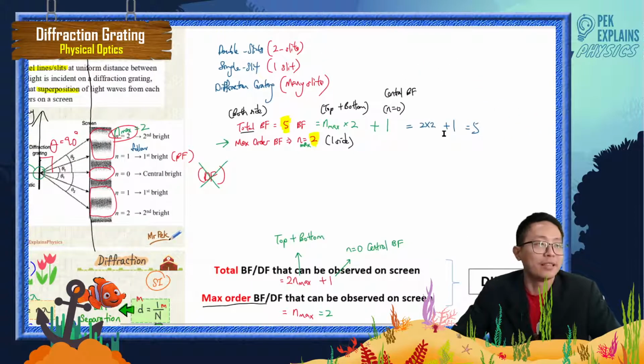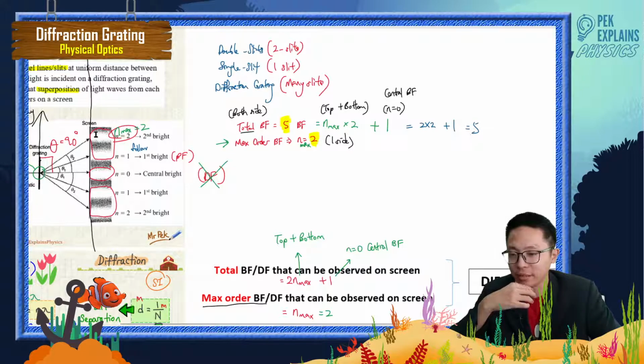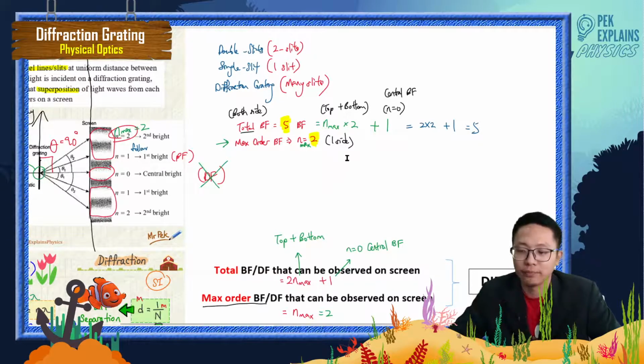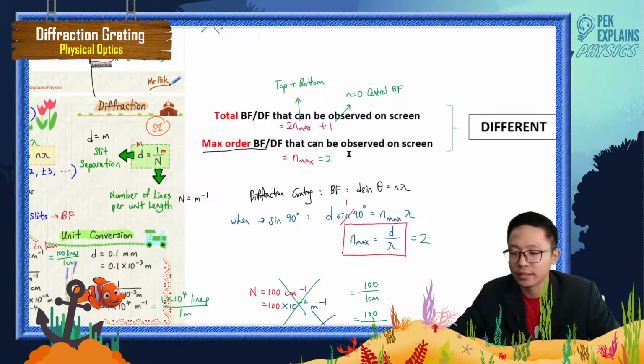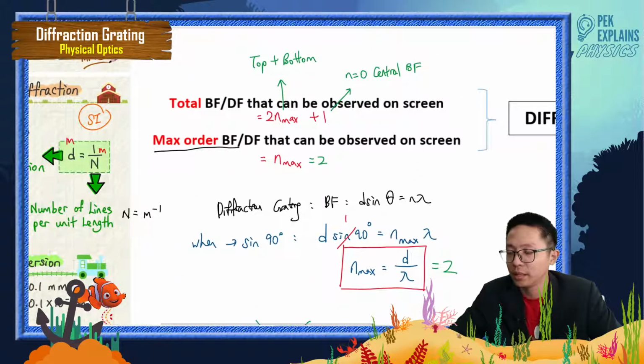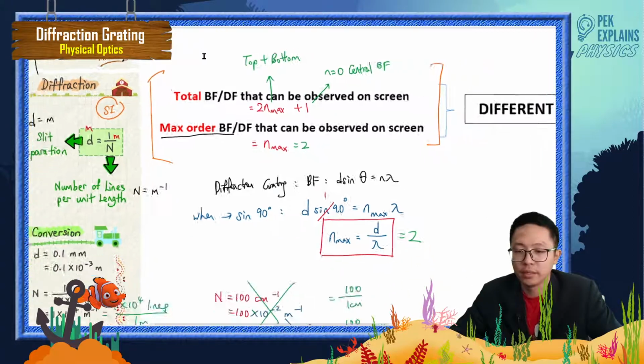That's how we do it. You can see 5 bright fringes. Now this is a very important thing, and it's different.